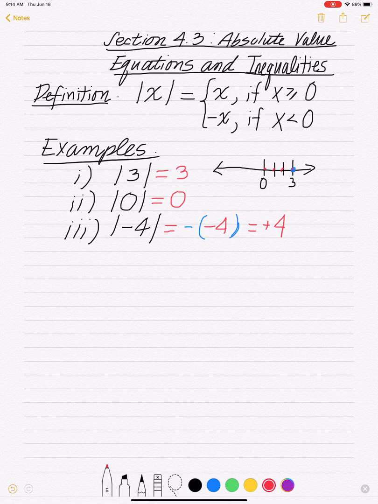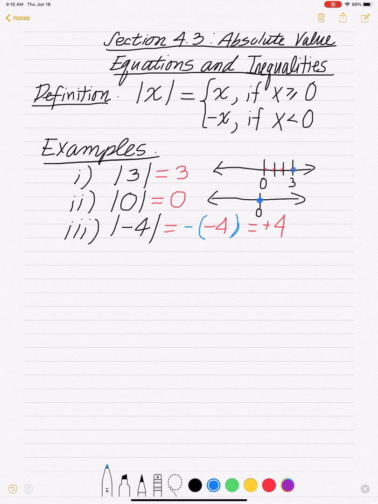So if I went to the next number, 0, the one we were taking the absolute value of, here I've got 0 in the middle, and that's my number, my blue number right here. How many units is 0 away from 0? Well, it's 0 units.